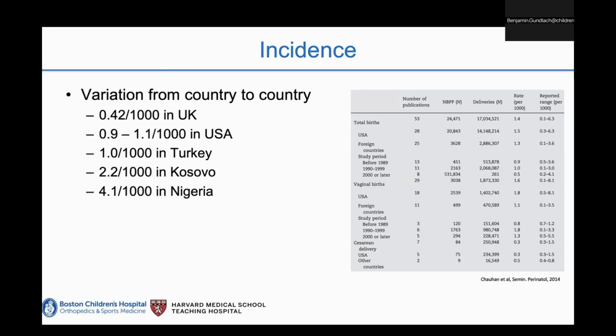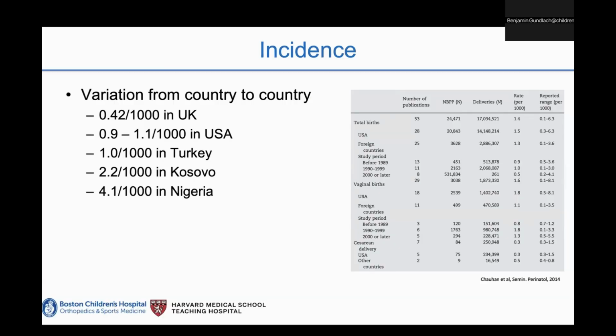Some countries like the United Kingdom have reported more recently very low incidence of brachial plexus birth injury, only 0.42 in 1,000 live births. In the United States, our incidence has hovered around 1 in 1,000 live births for many years.